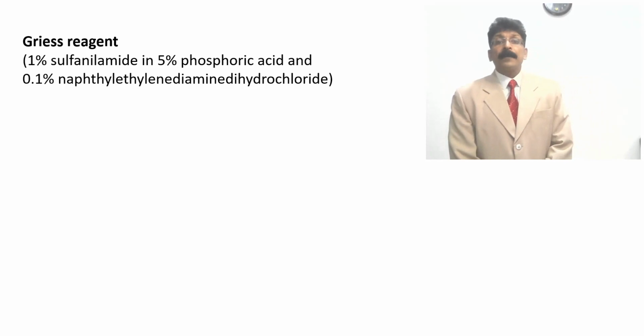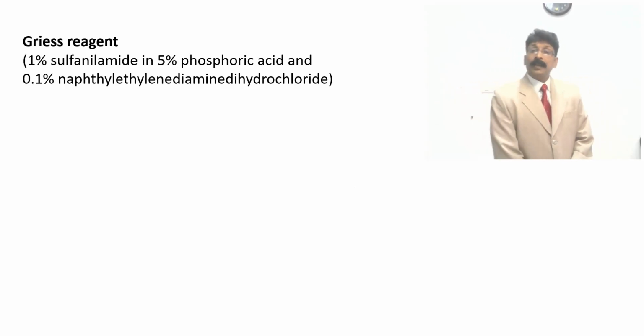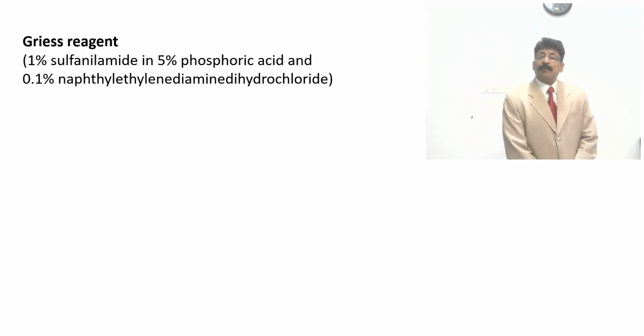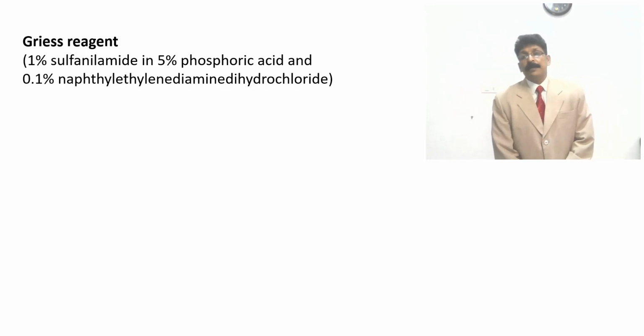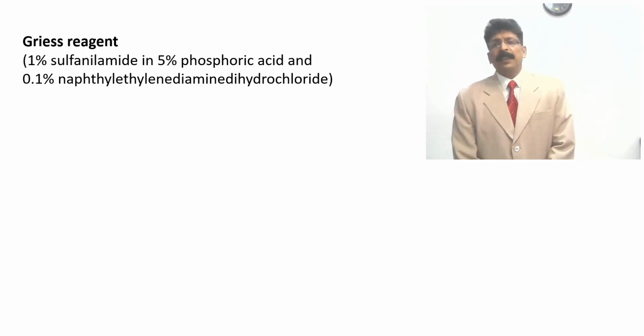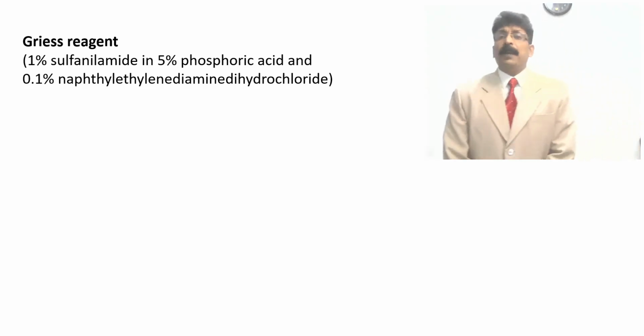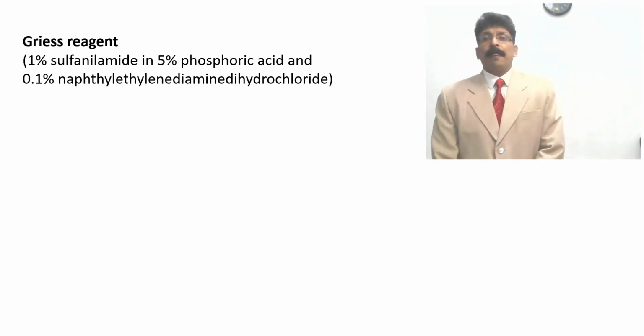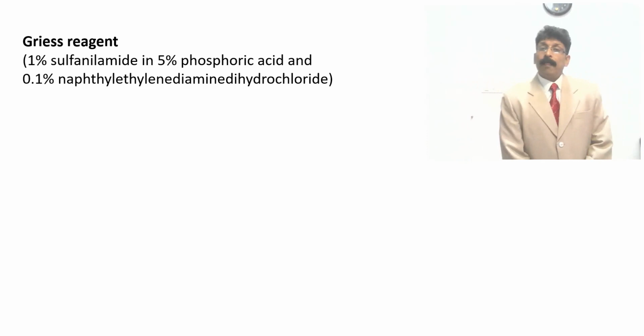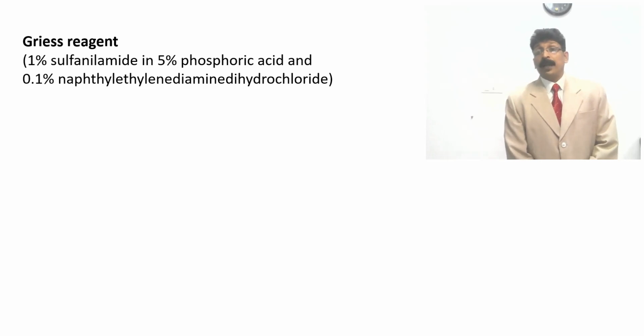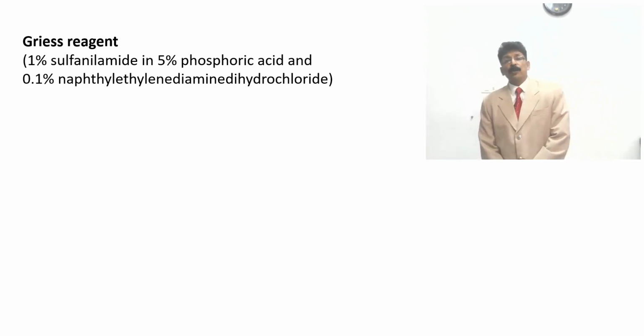And Griess reagent is a reagent which is very interesting for this experiment, especially the nitrite experiment. Ready-made Griess reagent is available, but we should also know how to prepare it, because ready-made can be preserved and freshly prepared will give you good results.